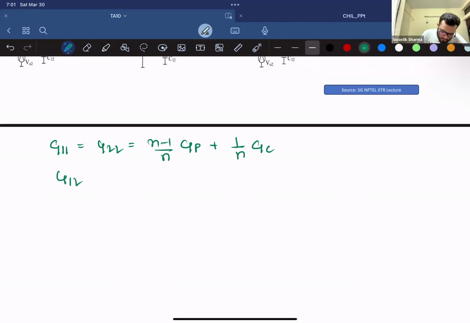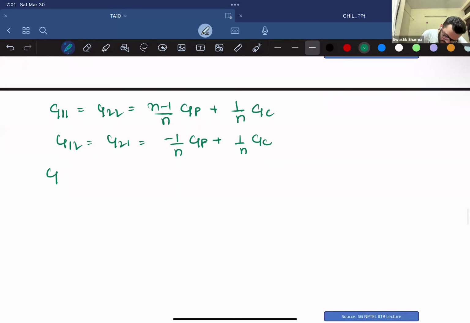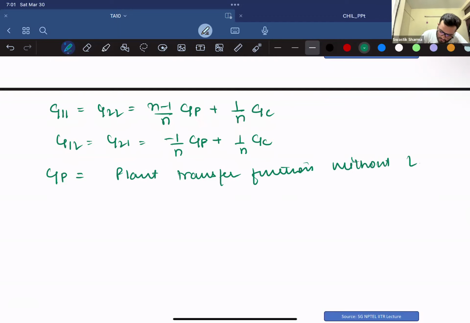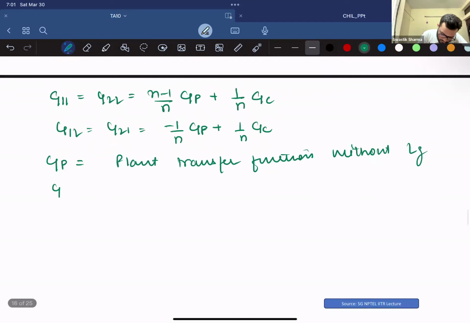And you had G12, which is G21, your off-diagonals, which was minus 1/n Gp plus 1/n Gc, where Gp was the plant transfer function without Lg, and Gc was the plant transfer function with Lg, right?